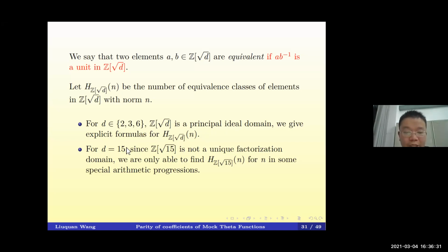And when D equals 15, this ring is not a unique factorization domain. So the case becomes more difficult. However, we are still able to find H of n for n in some special arithmetic progressions.